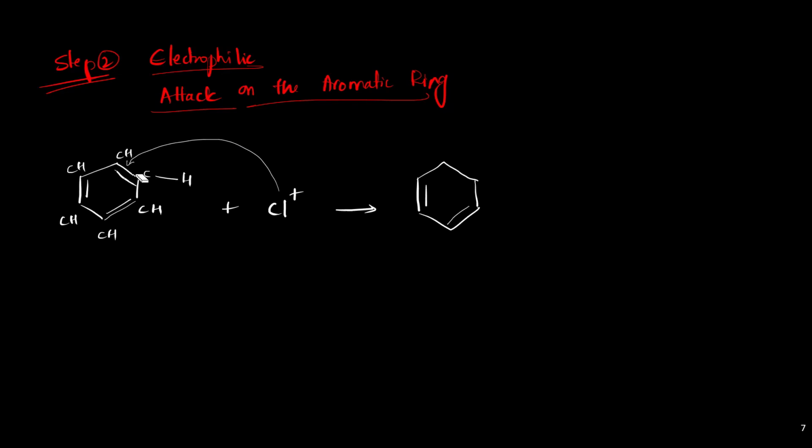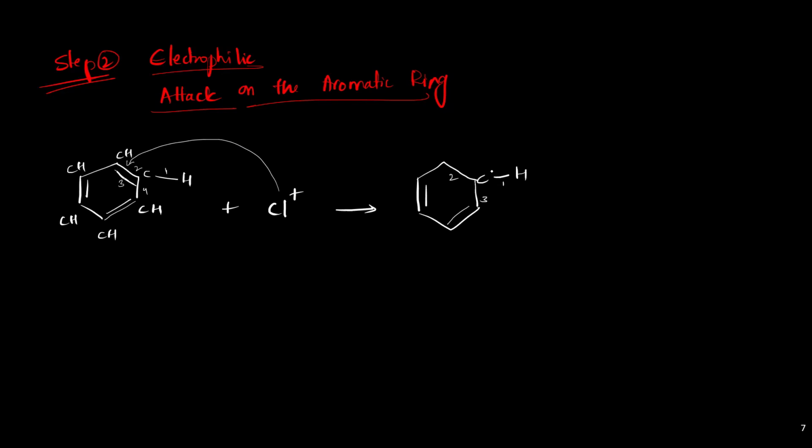Why is it breaking the double bond? So that it can go and sit on the carbon, because the carbon can have only 4 bonds. So this is 1, this is 2, this is 3, this is 4. So the carbon already has 4. So how can the chlorine bind to this carbon? Only if it removes this double bond. So it will remove this double bond. Now this carbon has only 3 bonds, so 1, 2, and 3.